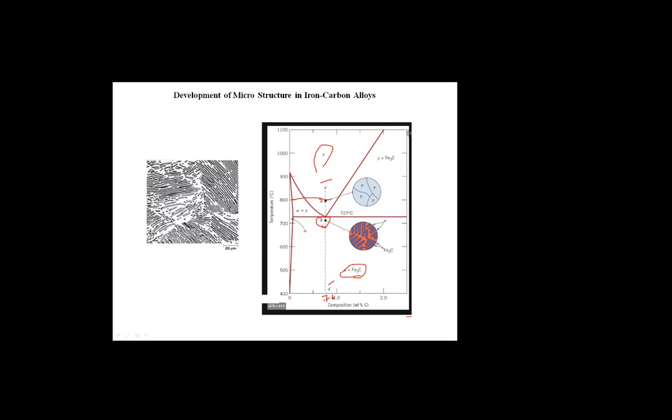So the microstructure for this eutectoid steel that is slowly cooled through the eutectoid temperature consists of alternating layers or lamina of the two phases alpha and Fe3C, which form simultaneously during the transformation. This lamina has the two phases, the alpha and the Fe3C, as the structure is showing here.